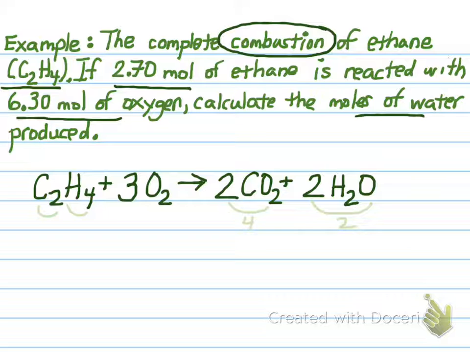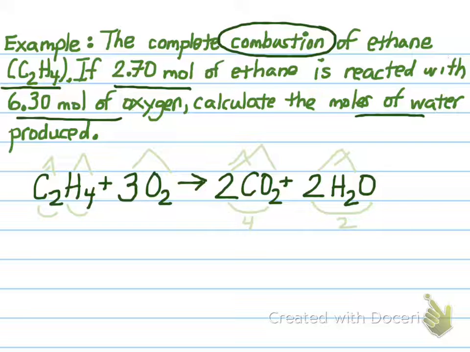To check this, I have 2 carbons, 2 carbons; 4 hydrogens, 2 times 2 makes 4 hydrogens; 6 oxygens, 3 times 2, and 2 times 2 is 4 here, plus 2 more makes 6. So this is a balanced chemical equation.